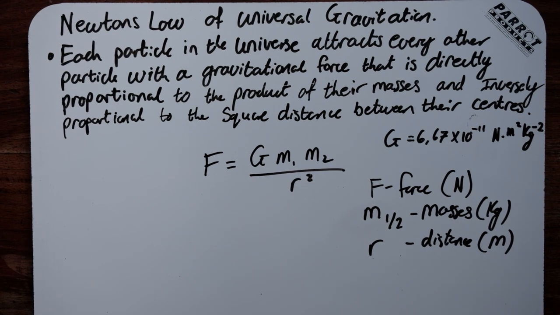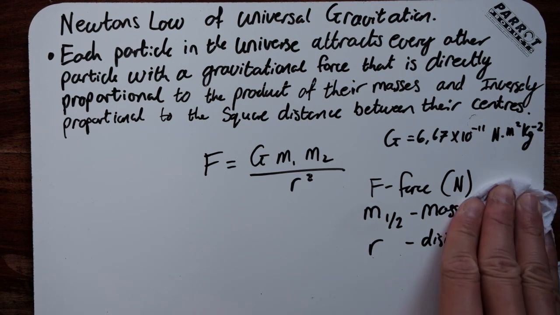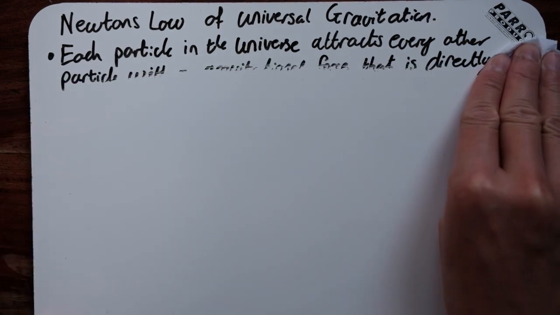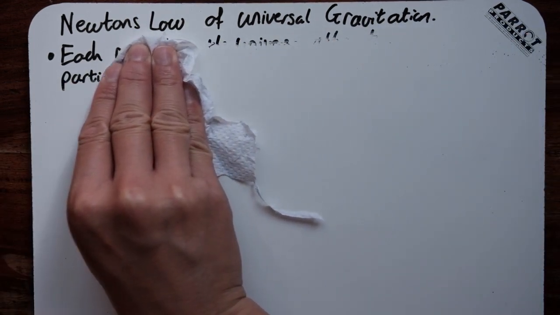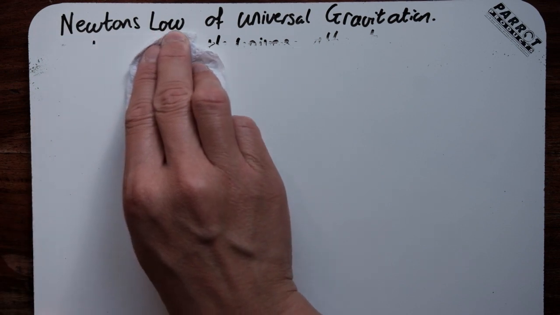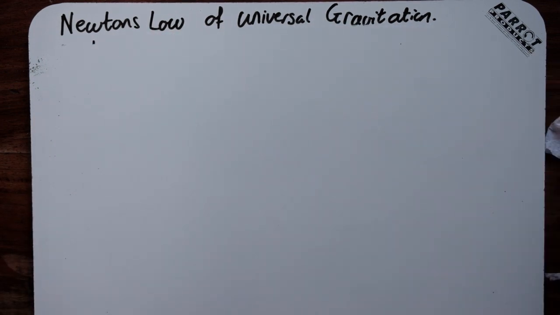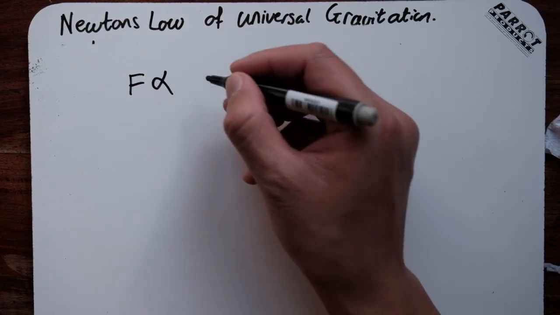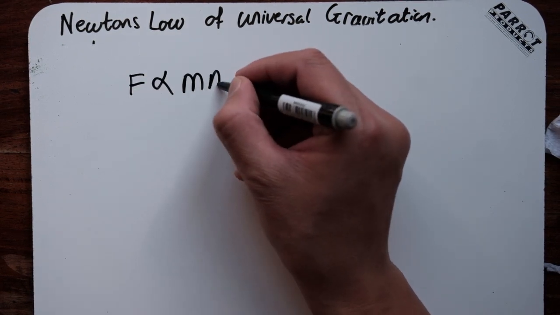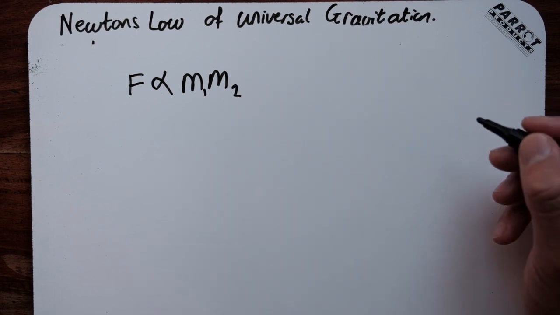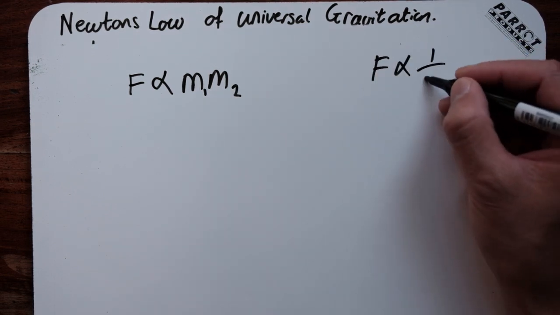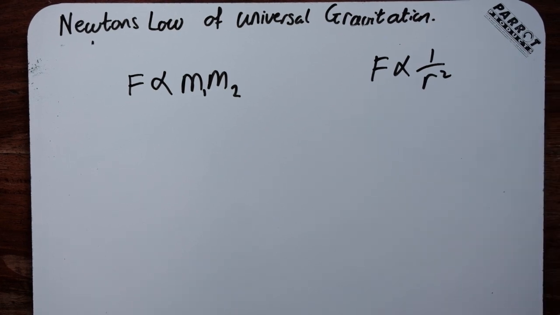Alright. Now, in order to understand the proportionality of Newton's law of universal gravitation, we must have a look at their proportion. If we talk about proportion, we use that sign. So the proportion of force to mass would look like that, and the proportion of force to distance would look something like that.